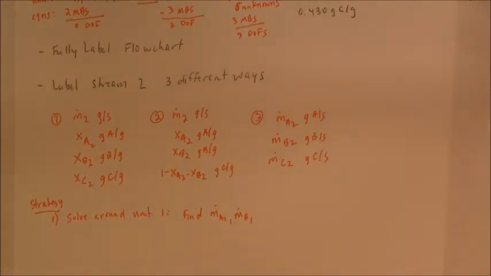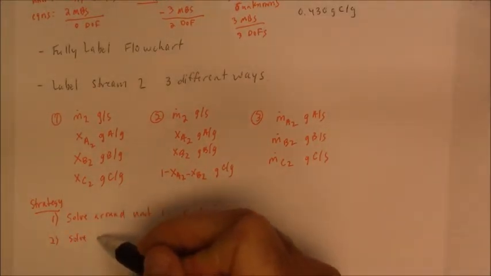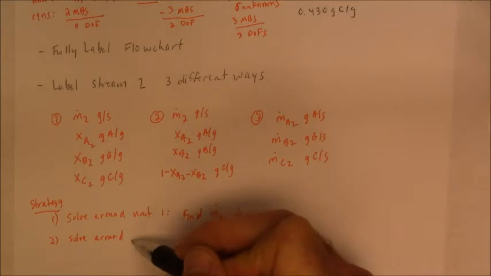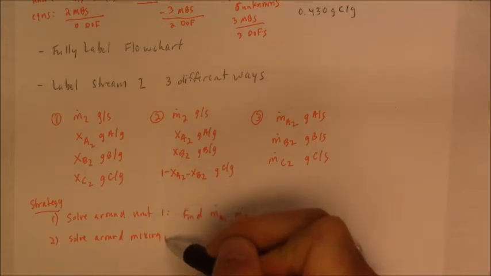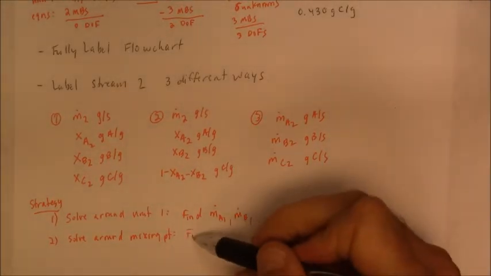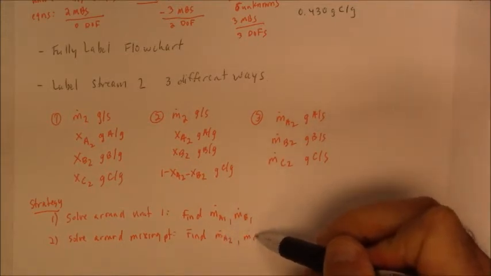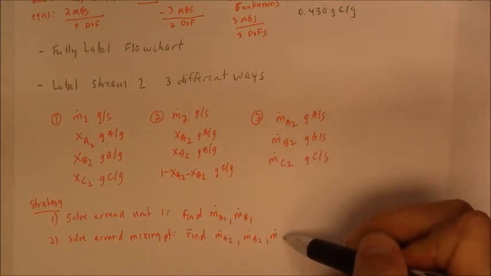Now that we know those 2 unknowns, the next thing we can do is solve around the mixing point, because we have now 2 fewer unknowns than we had previously. So in this case we would have 3 unknowns, 3 material balances, or 0 degrees of freedom. And this would allow us to find MA2, MB2, MC2.